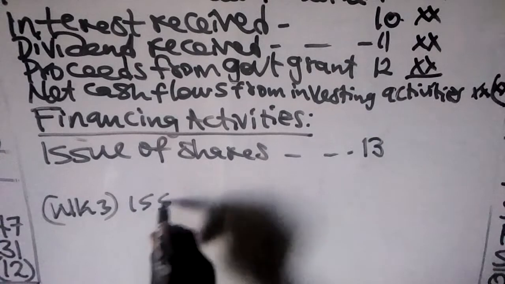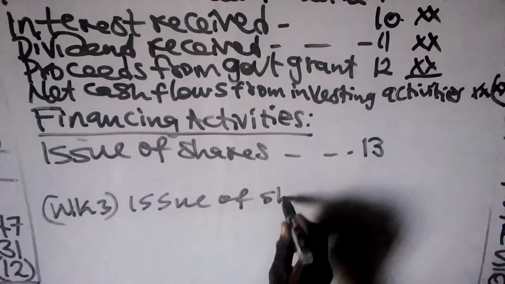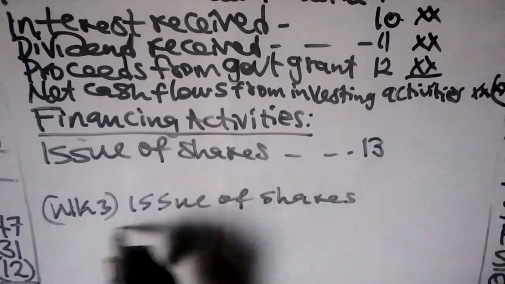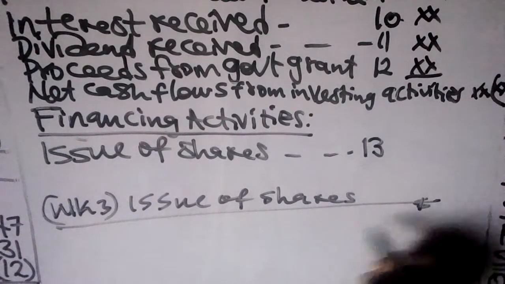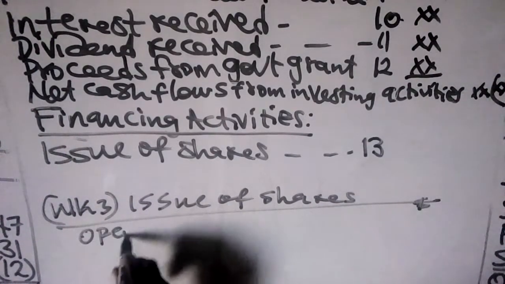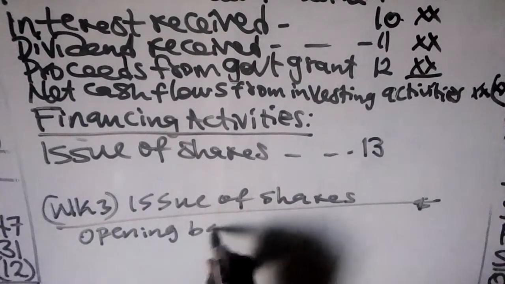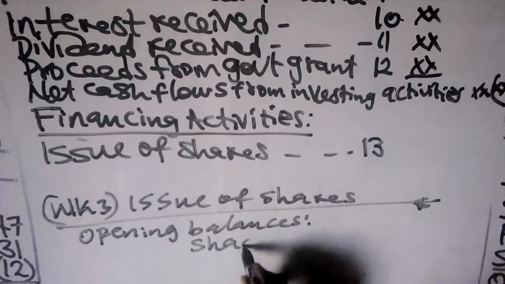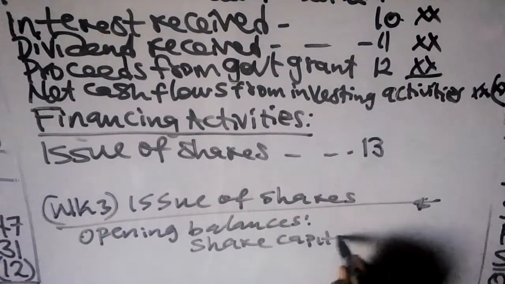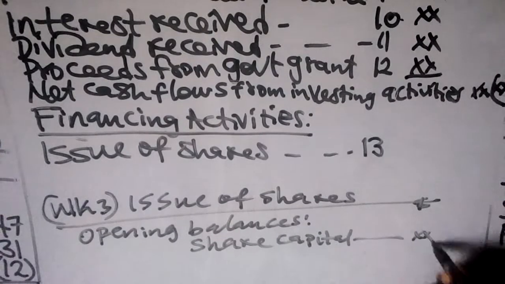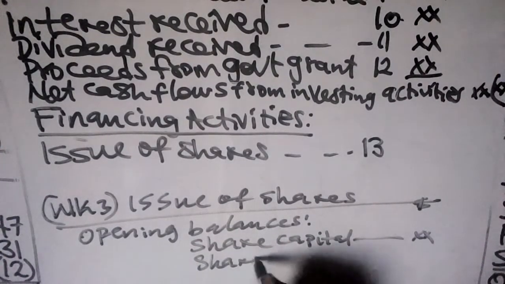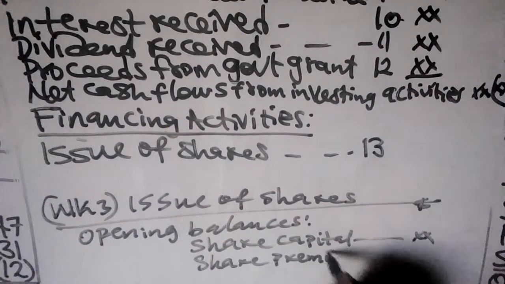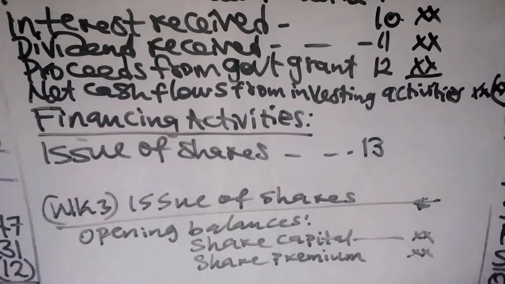Issue of shares. You start with the opening balance. Your opening balance of share capital, ordinary shares, and opening balance of share premium. Then you may have bonus issue, and there may be no bonus issue.